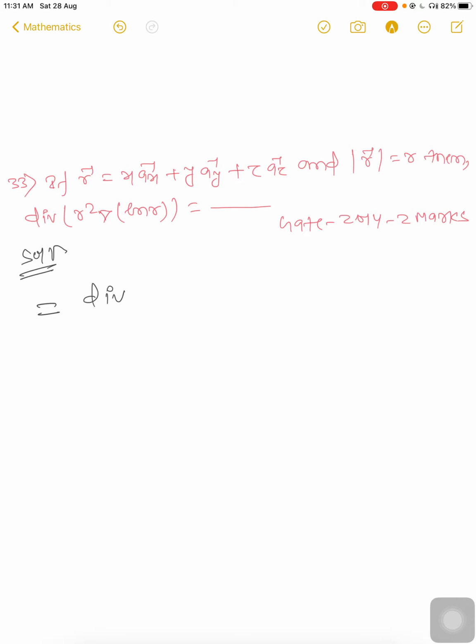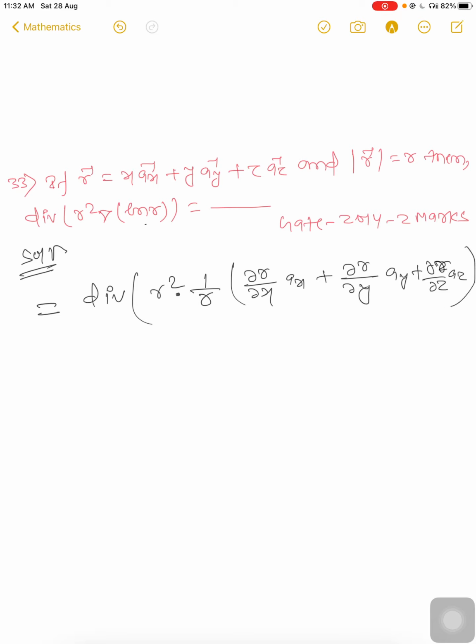We have to find out the divergence of r square, because after differentiation we get 1 by r, and from here we get del r upon del x ax plus del r upon del y ay plus del r upon del z az.